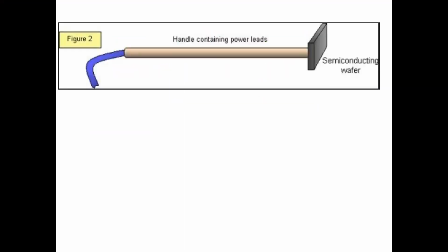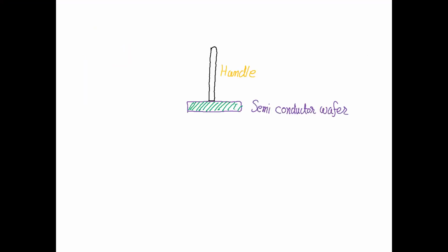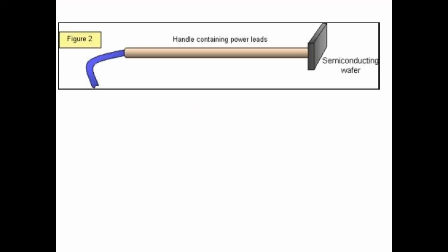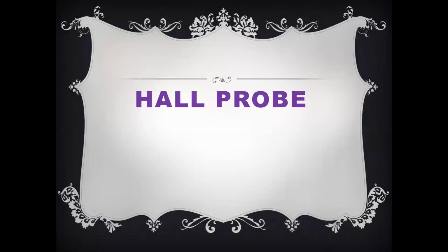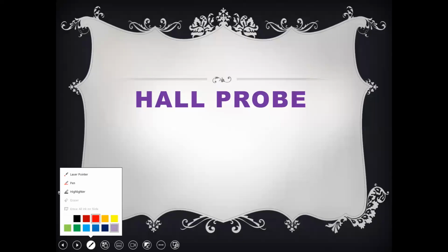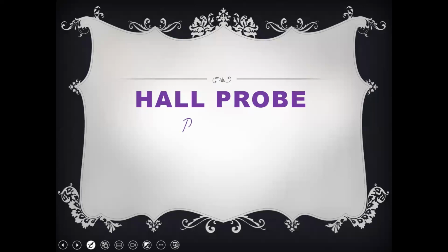This is the appearance of a Hall probe. Now look at this. It has a handle and a semiconductor wafer. Actually, I forgot to mark here. After the heading, you have to mark it P5. This topic comes in P5.